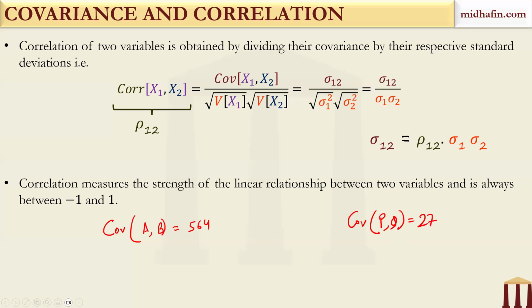Both the covariances are positive. So both tell us that these two pairs in both cases move together. A and B move together in the same direction. P and Q also move together in the same direction because the sign of covariance is positive in both cases. Plus 564 and plus 27.